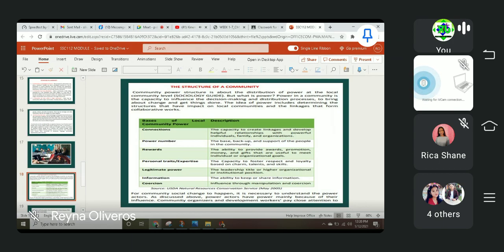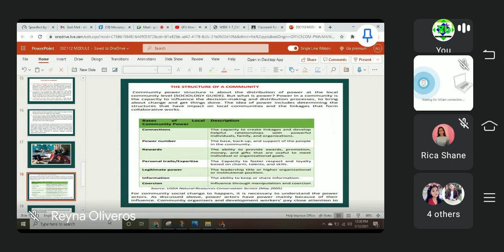Halimbawa na lamang yung connection. 'Di ba? Yung connection is the capacity to create the linkage and develop a helpful relationship with powerful individuals, families, and organizations. It is because of the capability, okay, ng mga tao doon sa isang area.